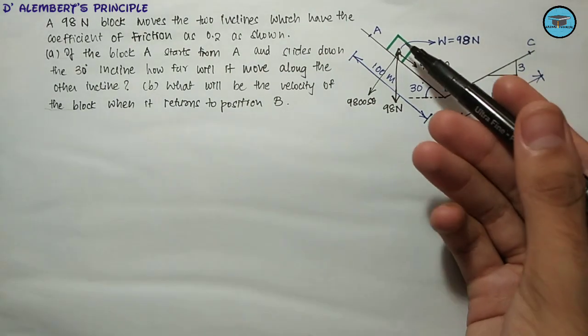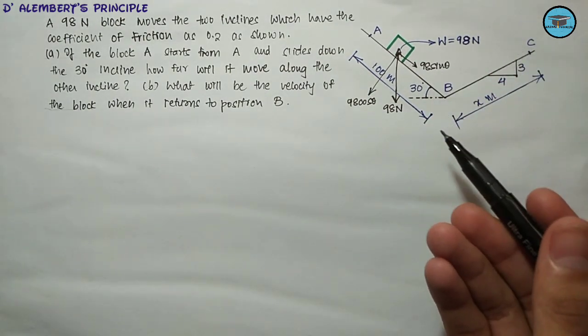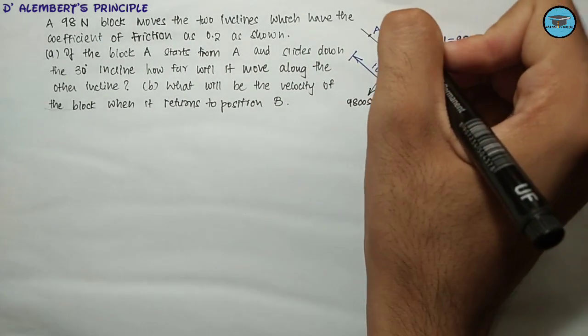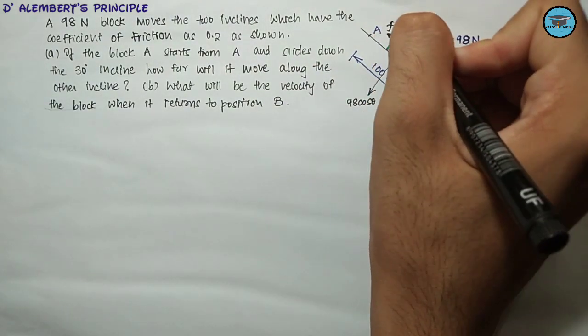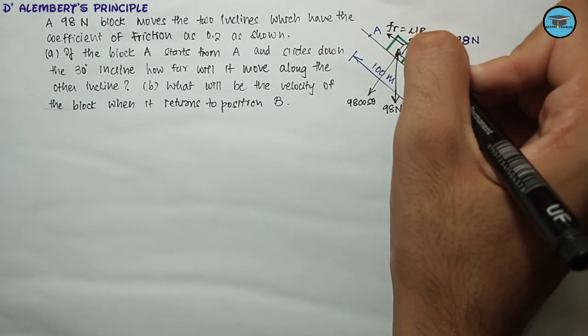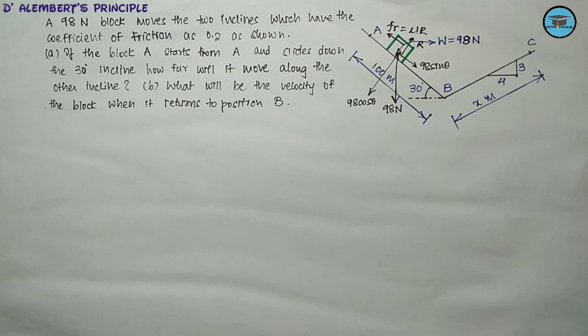Now, since this block is moving in this direction, the frictional force will definitely act in this direction. The frictional force is Fr, and its value is equal to mu into R, where R is the reaction from this surface.